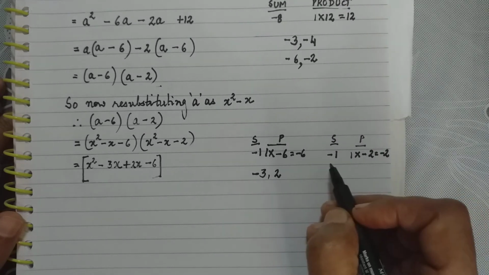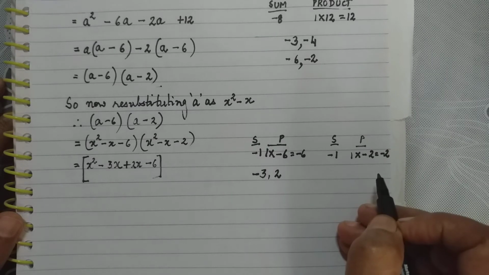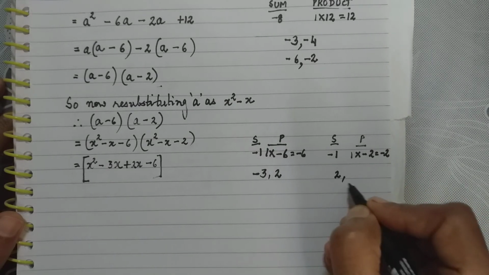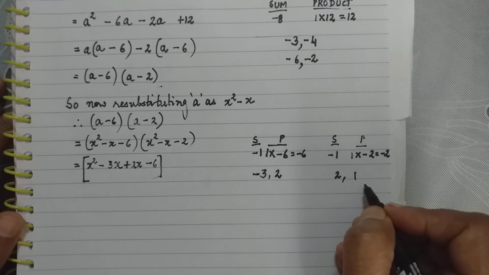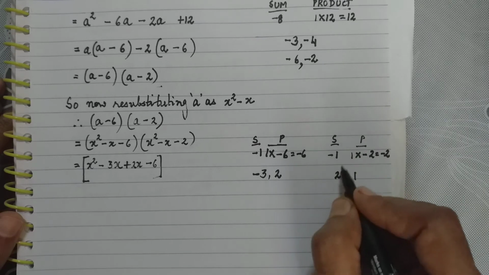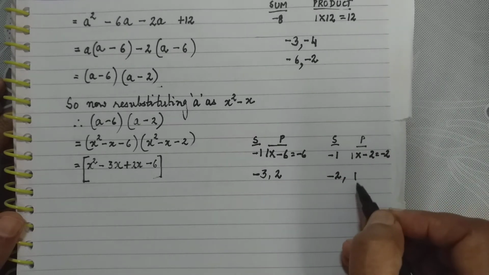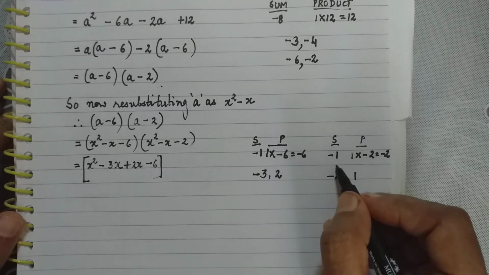Now here we go to this. The product is minus, so one should be positive, the other should be negative. Let us take the numbers as 2 and 1. Suppose the numbers are 2 and 1, the sum should be minus. So the bigger number should be minus, the smaller number should be plus. Minus 2 plus 1 will become minus 1.